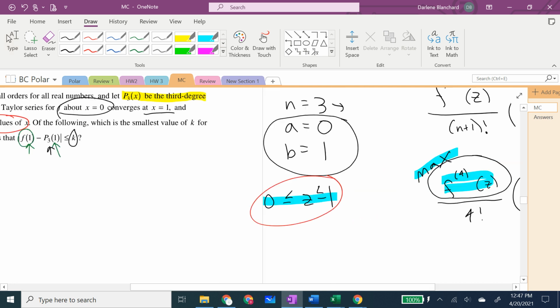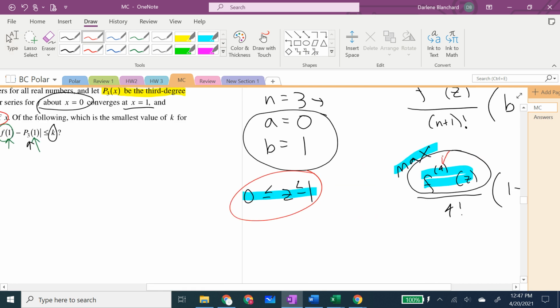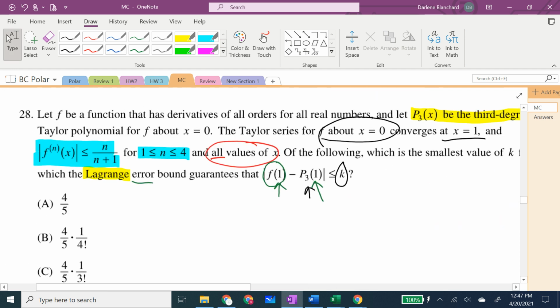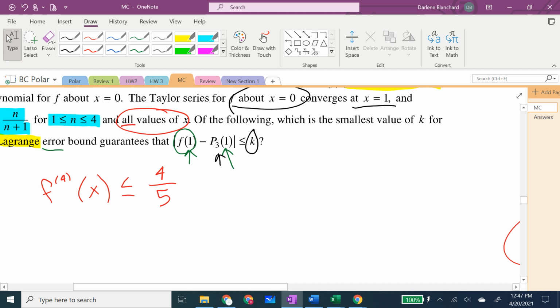So, again, fourth derivative, the fourth derivative of x is less than or equal to 4 over 5. So that's the largest that my fourth derivative can be.